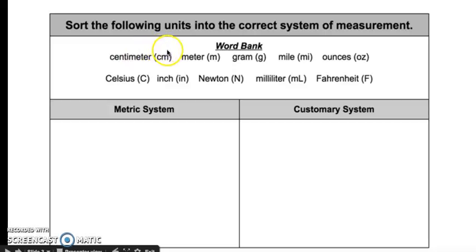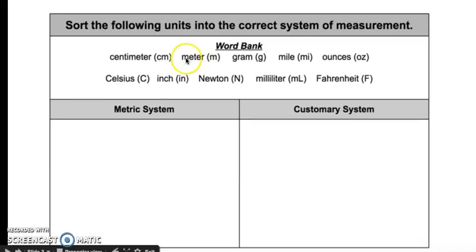You are going to decide if this unit goes in metric or customary. Here's the metric box right here. Here's the customary box right here. So let's take a look. We have centimeter. Does centimeter go in metric or does centimeter go in customary? You decide and write it in the box.